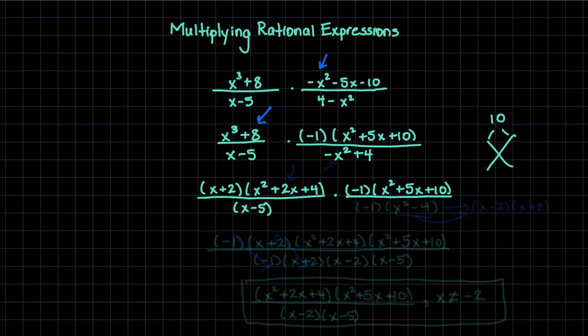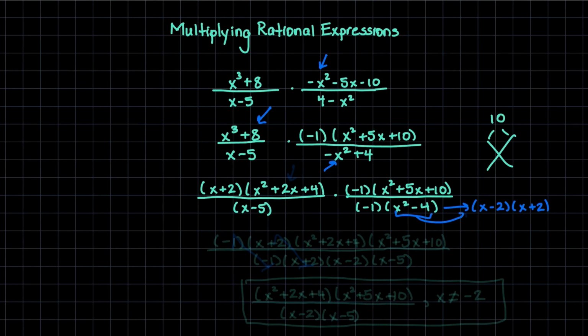Okay, in the bottom, I can factor a negative 1 out because this leading term is negative. And I'm left with x squared minus 4, which I know is a difference of two squares. I'm just going to make a note to myself that in the next step, this is going to be x minus 2, x plus 2.